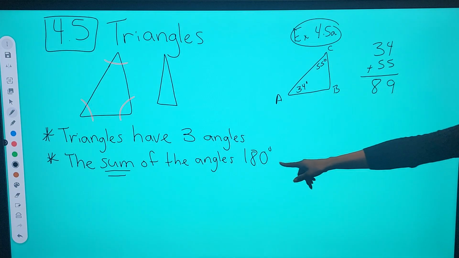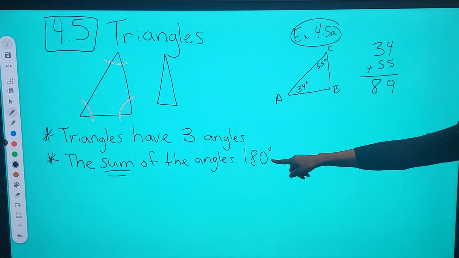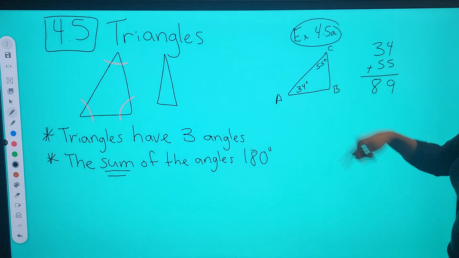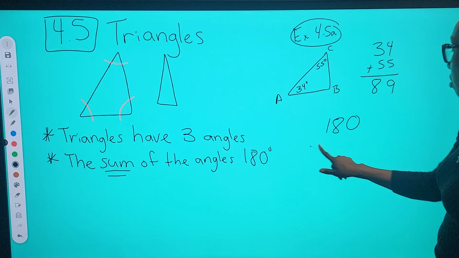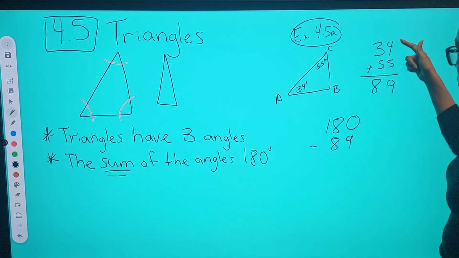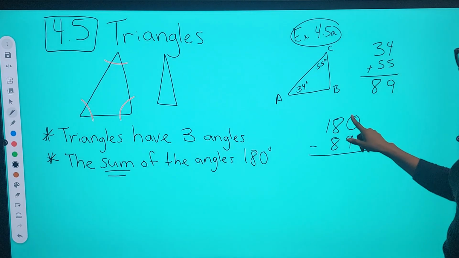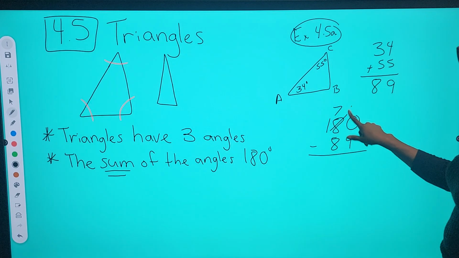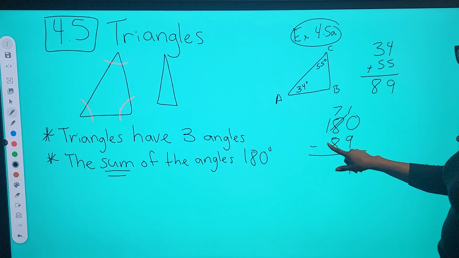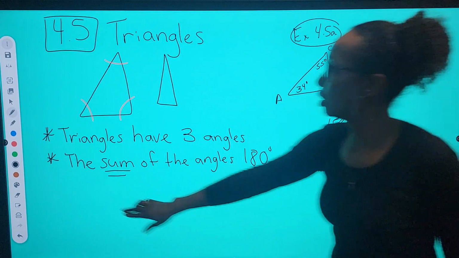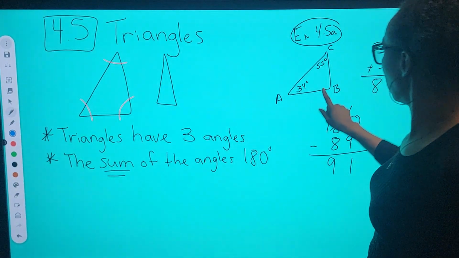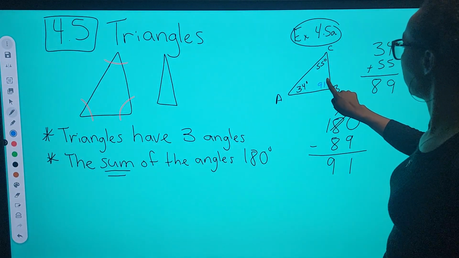Well, I know the total has to be 180, so I could just subtract to find out the degrees that are left to fill in the missing angle. So we'll do 180 minus the total we got so far of 89. Do a little borrowing. And we find that there are 91 extra degrees. So our missing angle is 91 degrees.